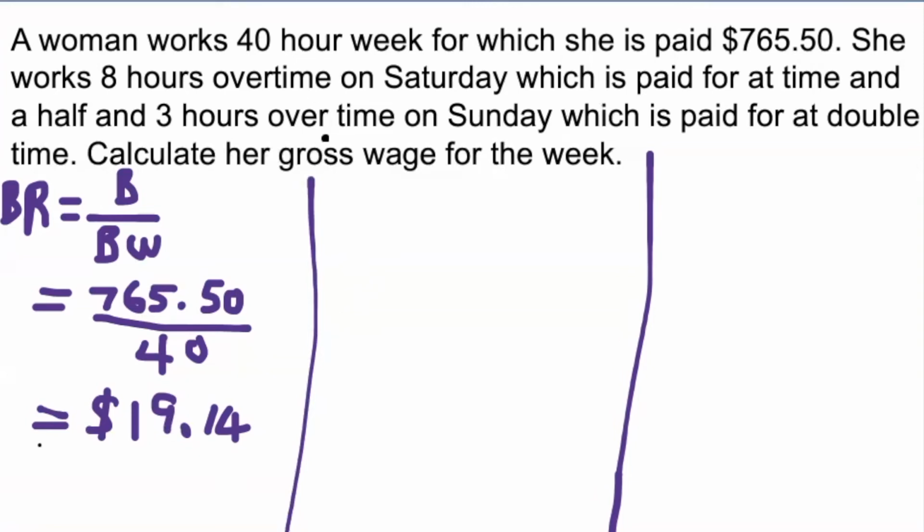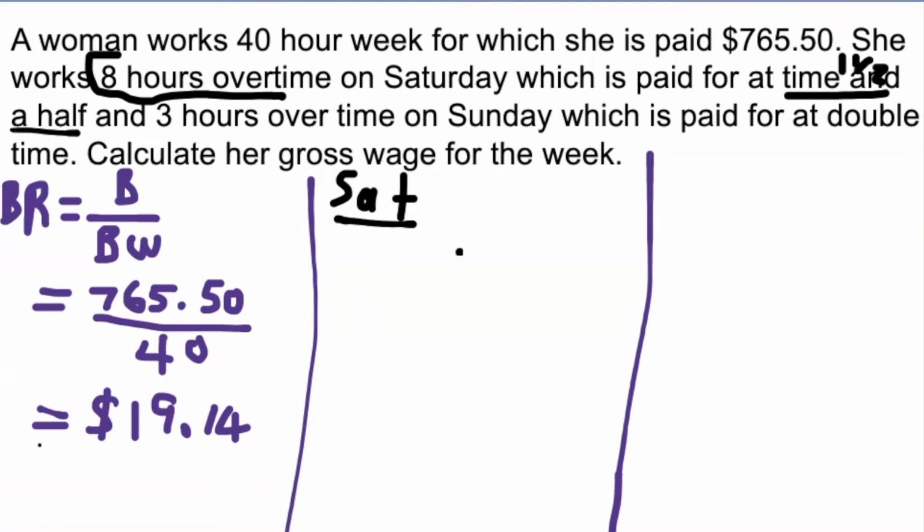So on Saturday, so I'm going to write SAT. The rate changed because this person works 8 hours overtime, but the new rate is at time and a half. Time and a half is the same as 1.5. So the new rate will be $19.14 times time and a half, which is 1.5.